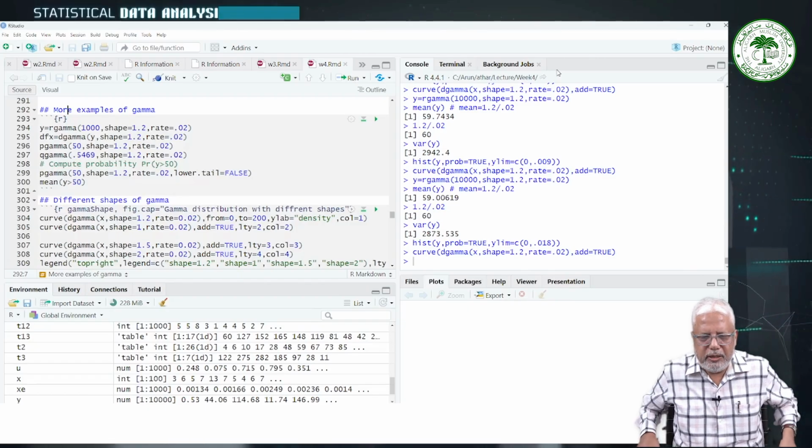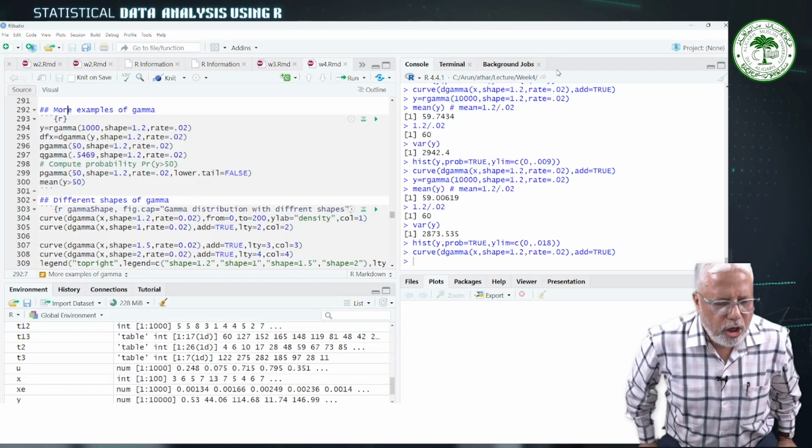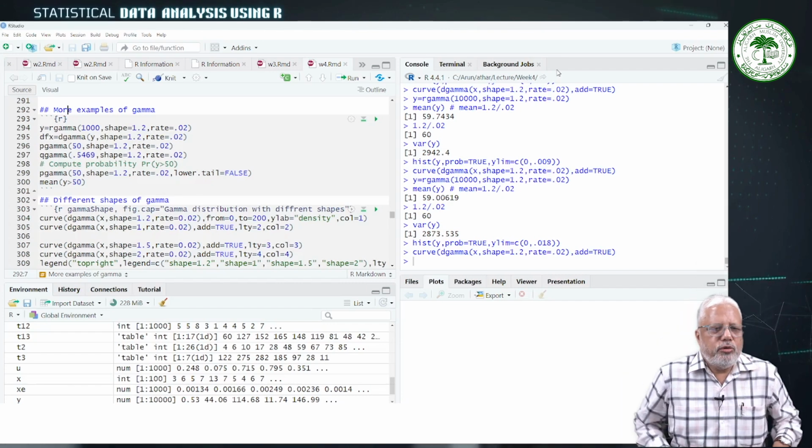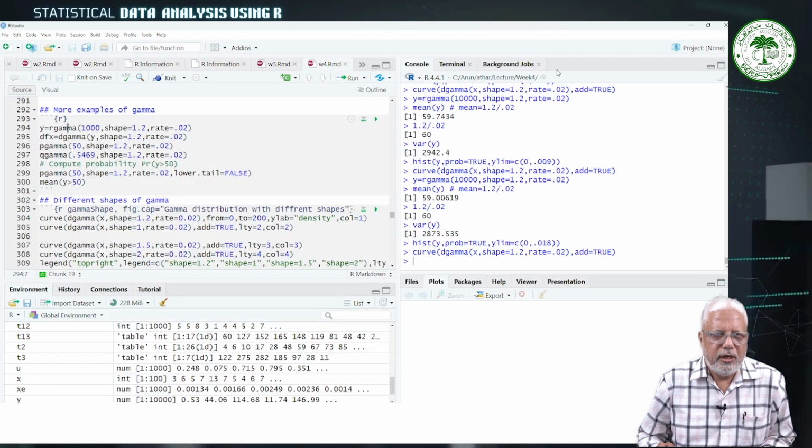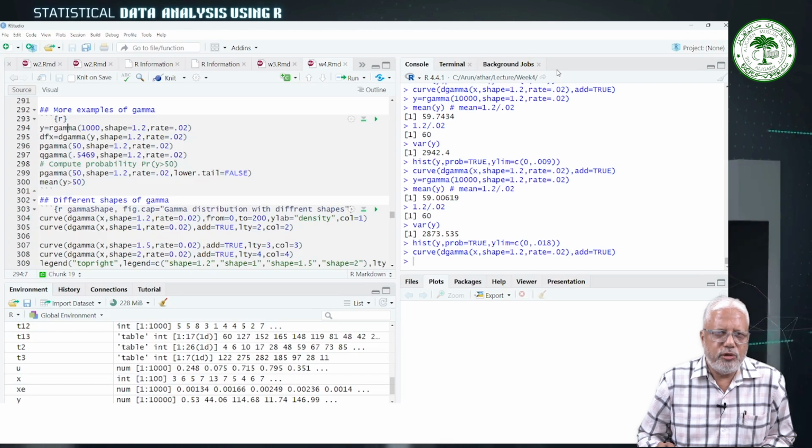Well, my dear participants, now I am going to talk about some more examples from gamma distribution. So here, y is equal to rgamma, 1000 observations are being simulated, and shape is equal to 1.5 and rate is equal to 0.02.